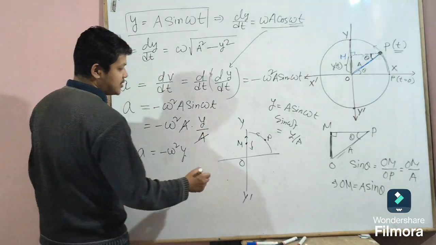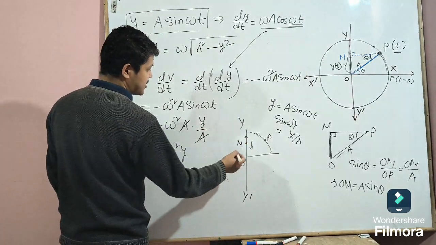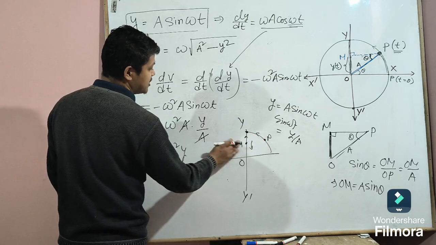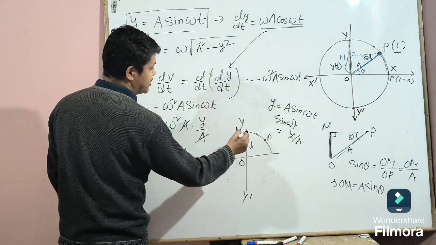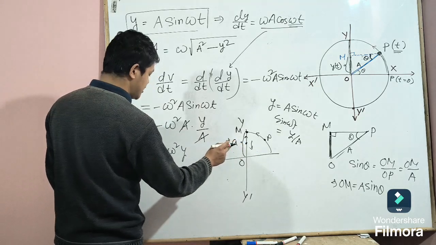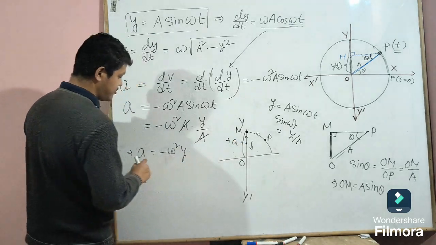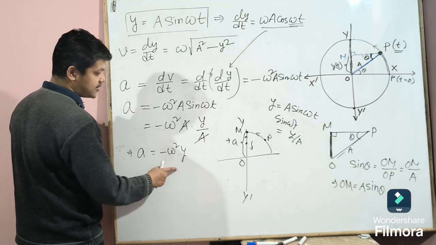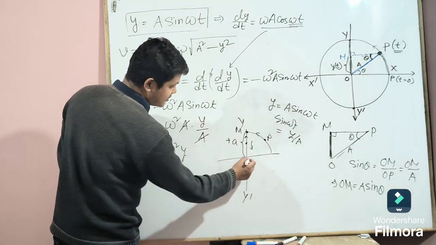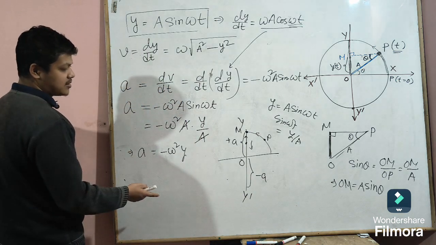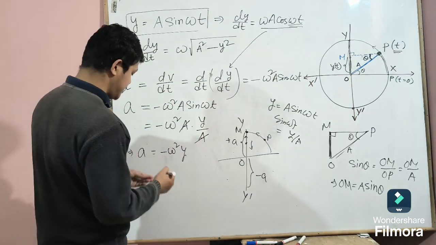When P reaches this point, the maximum amplitude, that is a, then a is equal to minus omega square y. And when a is negative, then this is going to be positive. So hope you have understood this.